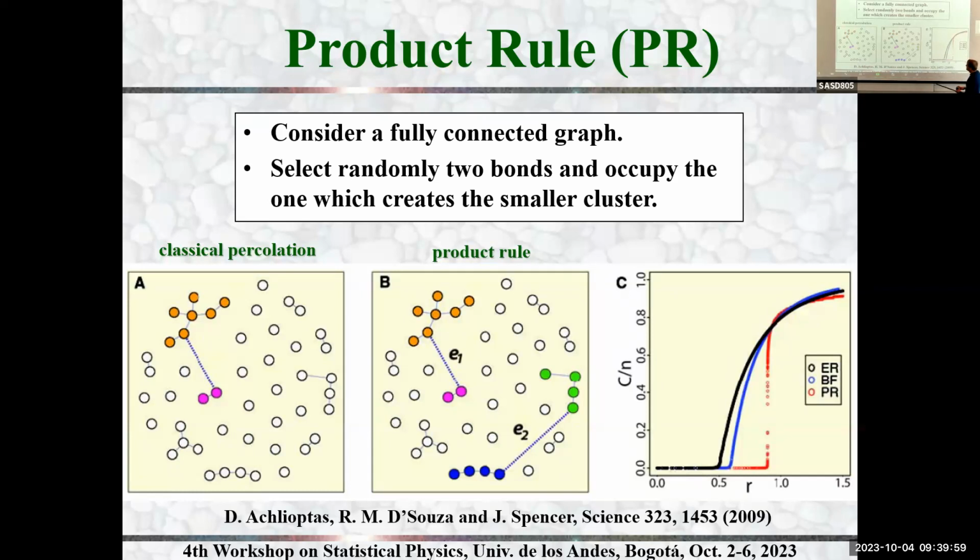Instead of taking one bond like in classical percolation, where you choose one bond and occupy it or leave it empty, in this product rule you choose two bonds, and then you ask the question, which of the two bonds creates the smaller cluster? And you then only occupy that one.